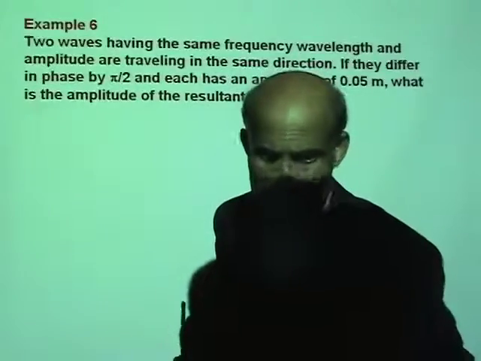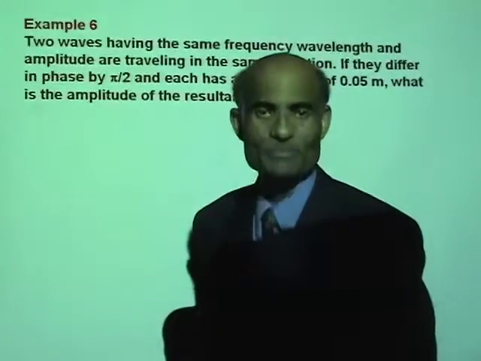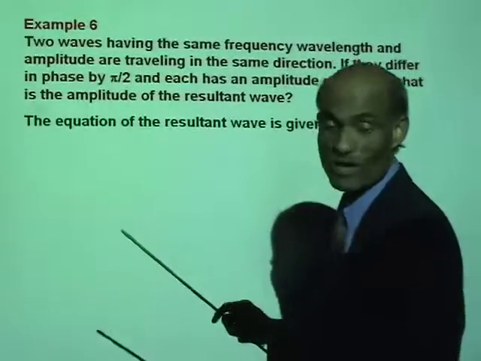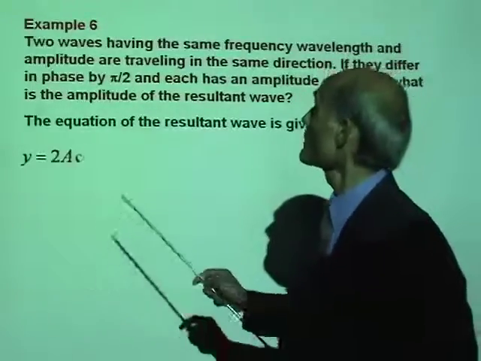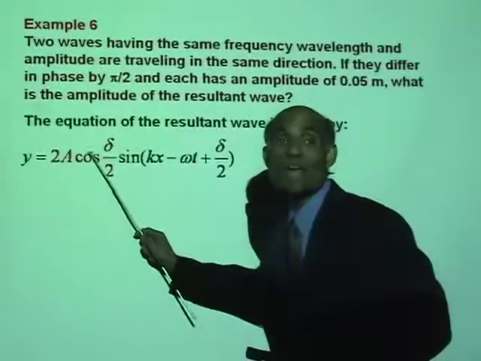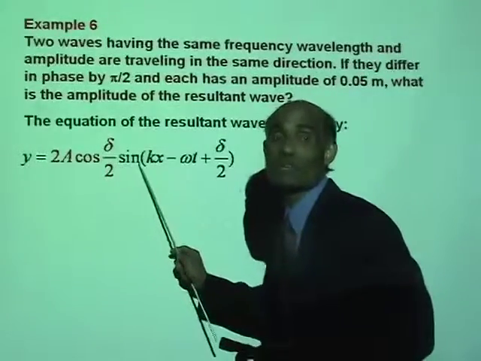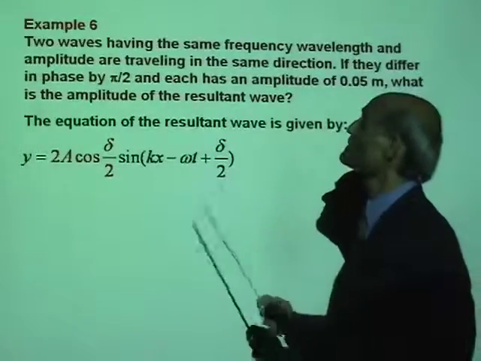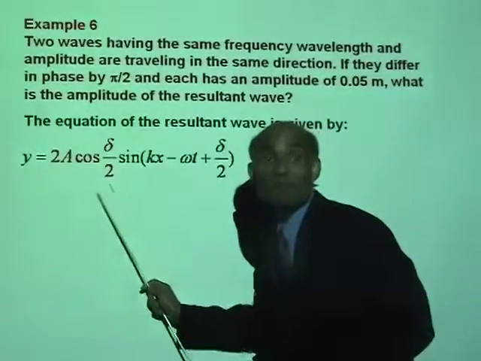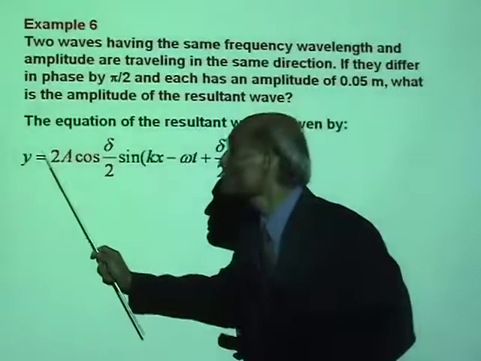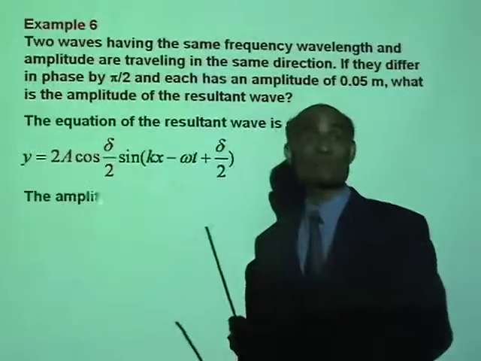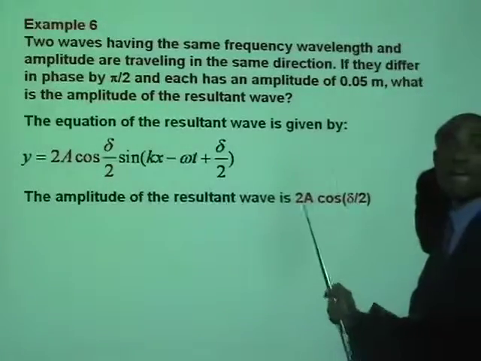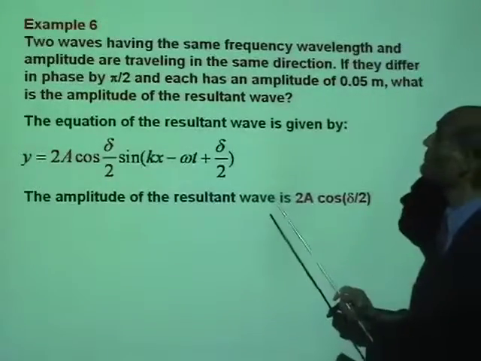And that's a relation that we obtained. The equation of the resultant wave is given by y equal to 2a cos delta by 2 sine kx minus omega t plus delta by 2. And the amplitude of the resultant wave is 2a cos delta by 2.